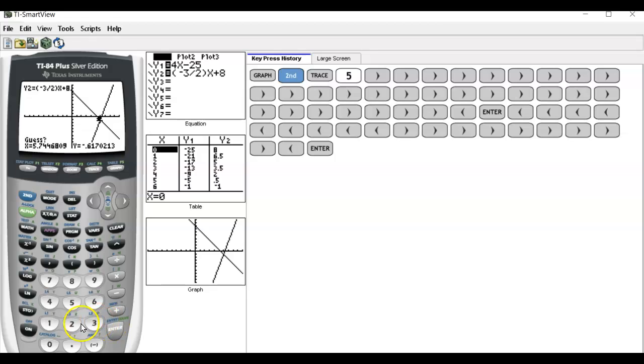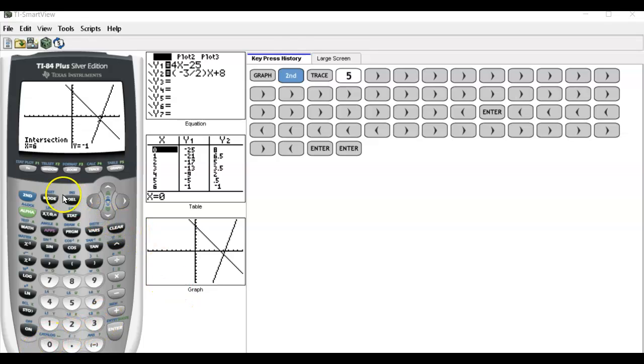So there's a guess on the first curve. After we enter in both equations, now it's asking us to take a guess, for the calculator to guess, and it guessed correctly that the intersection is at 6, negative 1. So our solution is 6, negative 1.